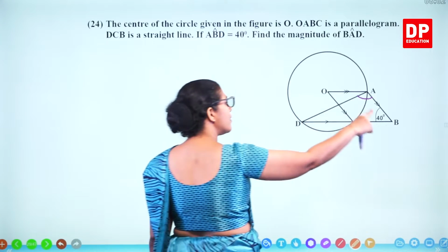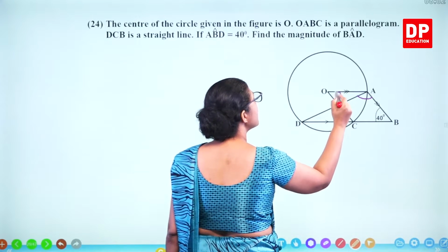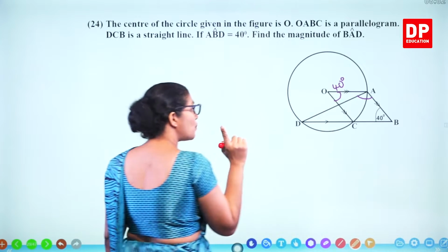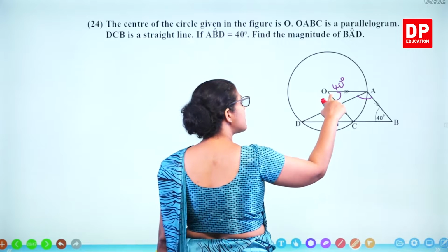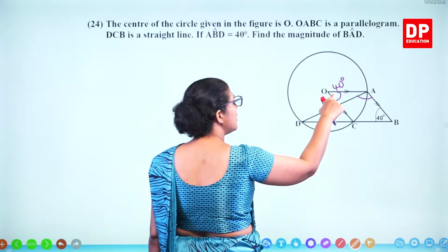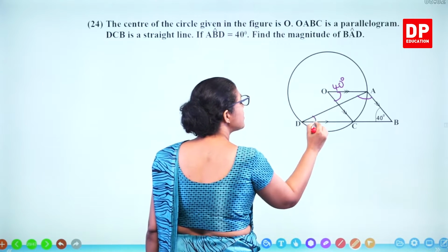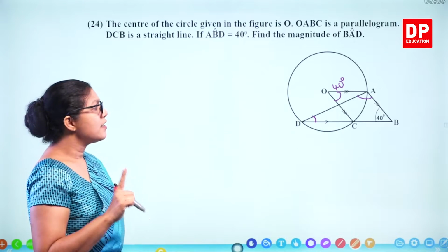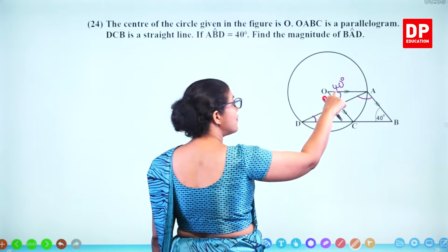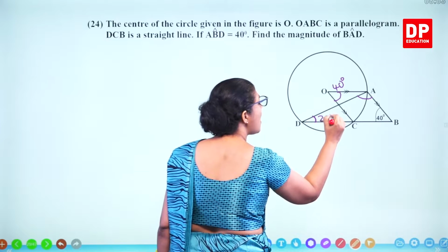If it's a parallelogram, opposite angles are equal. So this is 40. But we know that this is the angle subtended at the center. That's equal to twice the angle subtended on the circumference. So here, if this is 40, this is 20, half of that.